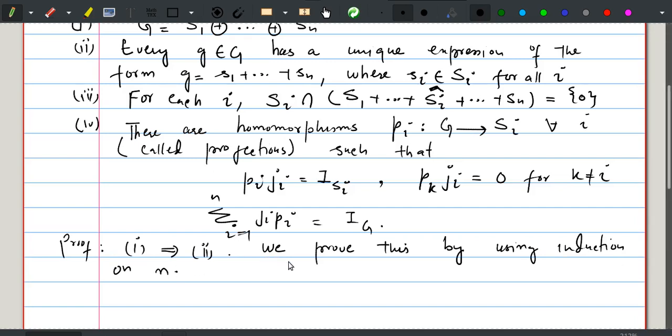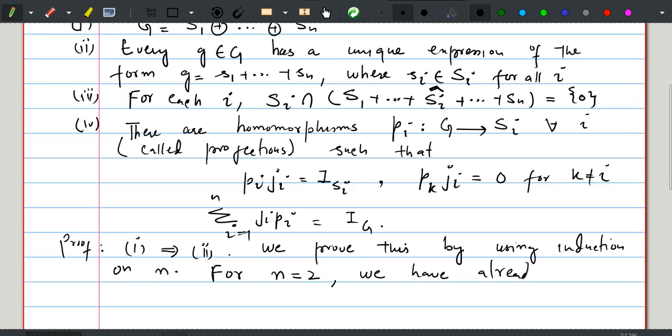The base step is true for n equal to 2. We have already proved the result. Now assume that the result is true up to n. We are going to prove this true for n plus 1 as well.